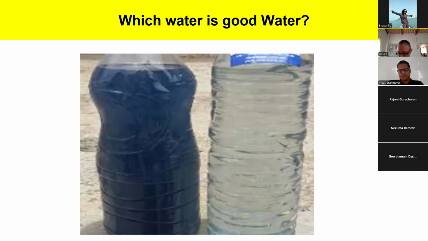Most of the cities in our country, we can't directly say whether water is good or bad, right? This is one perspective in the urban area, at least. In the rural area, maybe there is low contamination, maybe not. But in the urban sector, in most places where people take a sample either from a borewell or from any other surface, we definitely can't say visually that it is good or bad.